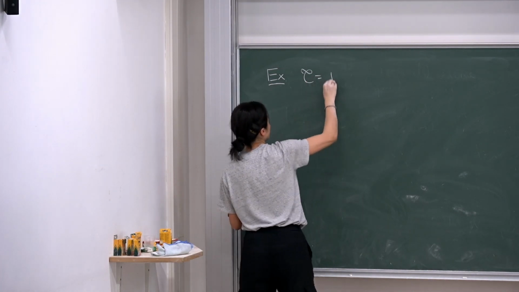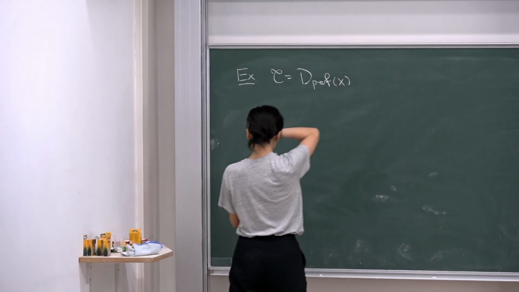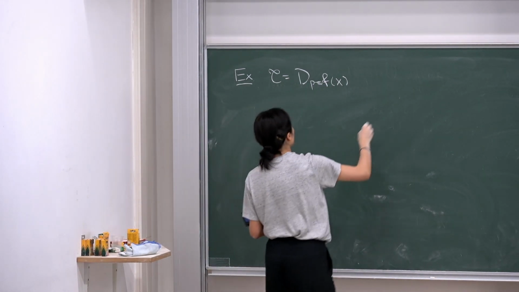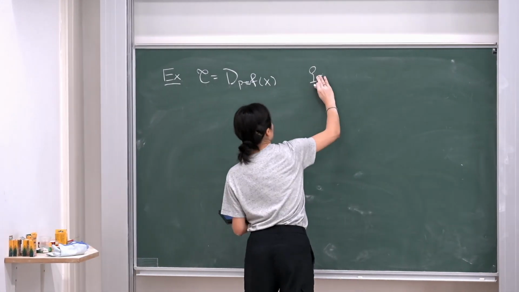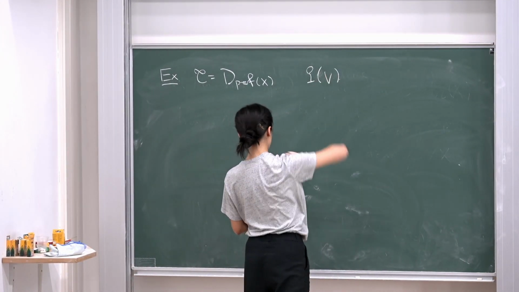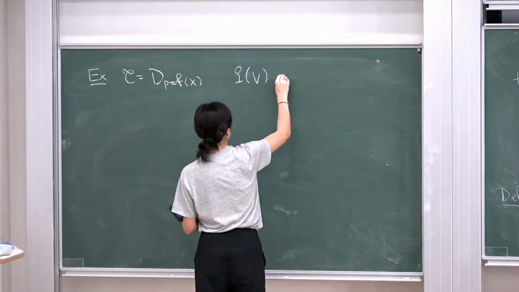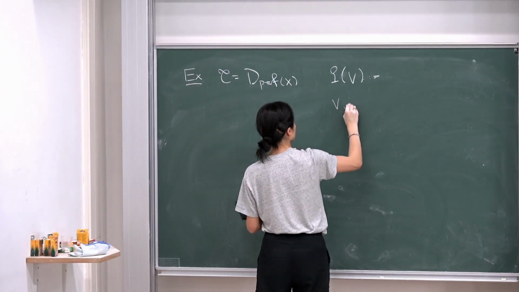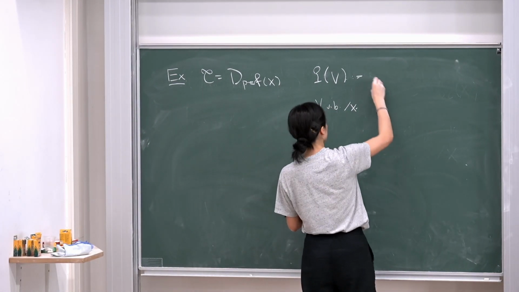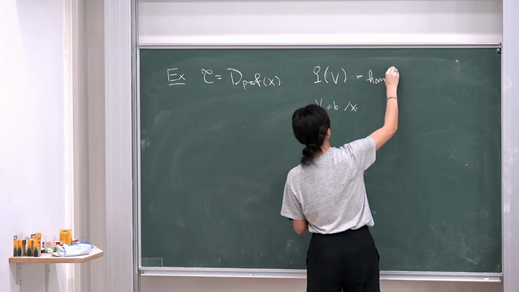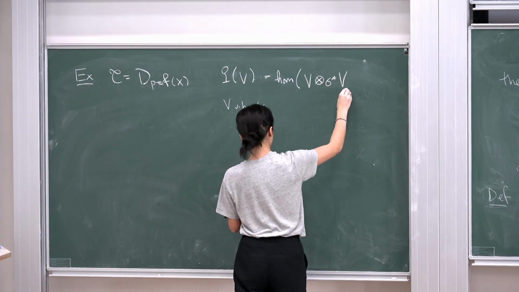I take D of X, and kappa is, if I just take a vector bundle on X, let me not worry about what it is, then I can consider Hermitian forms on my vector bundle.